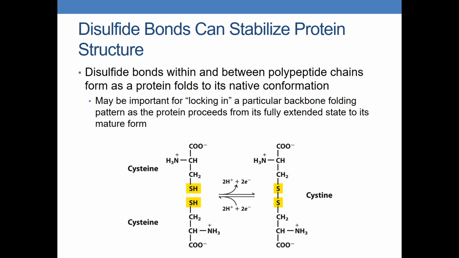So in that environment, if you have two cysteines adjacent, the very reducing environment favors the individual cysteine side chains that are not in a disulfide bond. Okay, so that is not to say that disulfides can't form in the intracellular environment.